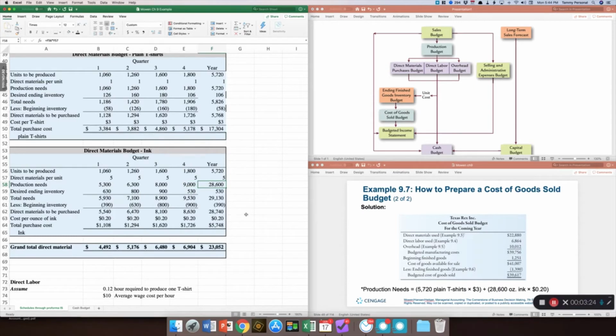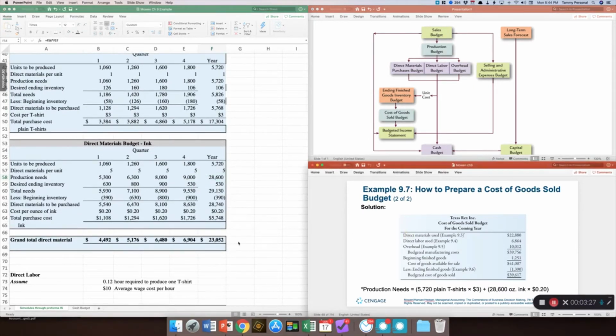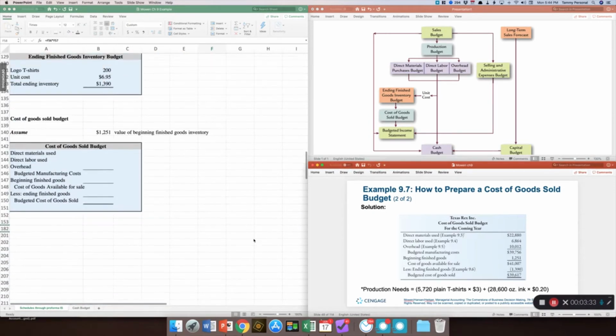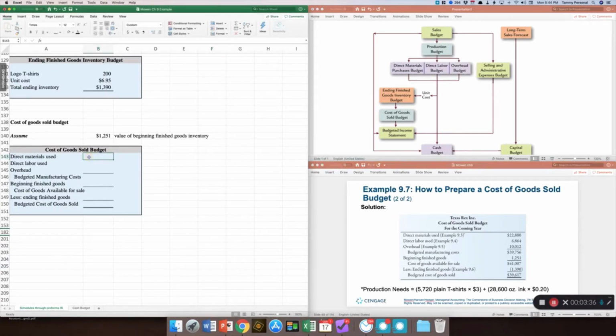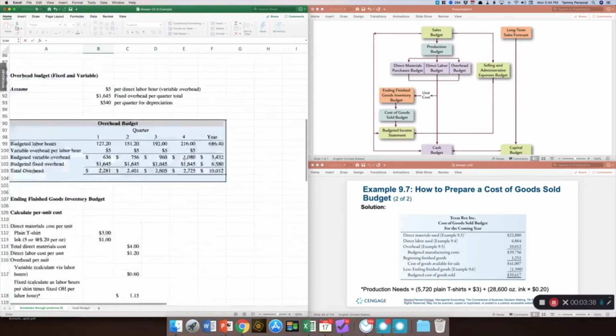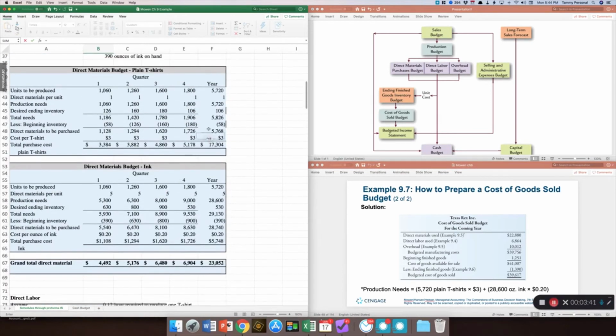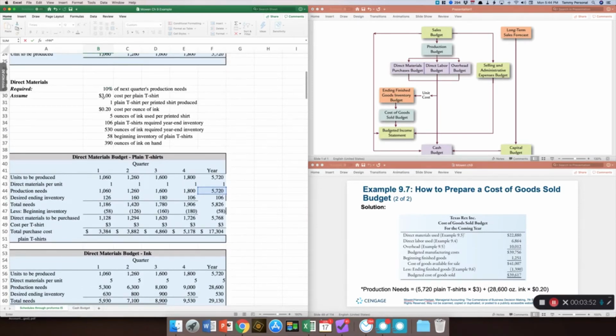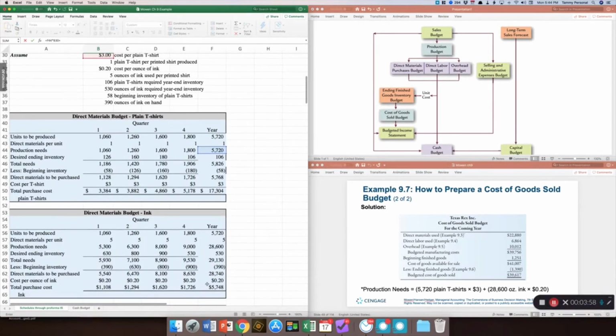Okay, so in order to calculate our top line in the cost of goods sold schedule, our direct materials that we actually used, I'm going to scroll back down there, and we're going to do a calculation here. So it is our production needs for the t-shirts times the amount that it costs per t-shirt, so $3, plus our production needs for the ink times the amount that the ink costs per ounce.